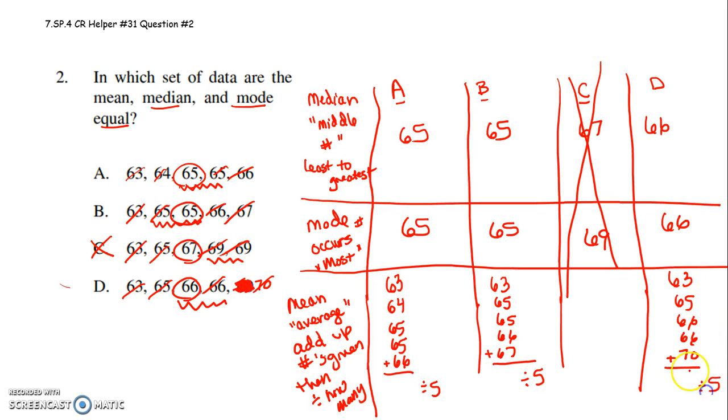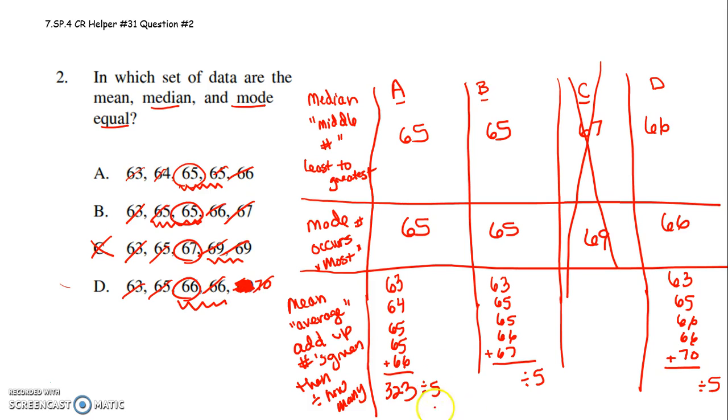All right. So now let's find the mean for those 3 sets and see which one actually matches the median and the mode. So for the first set, 63 plus 64 plus 65 plus 65 plus 66 is 323. Divide that by 5.